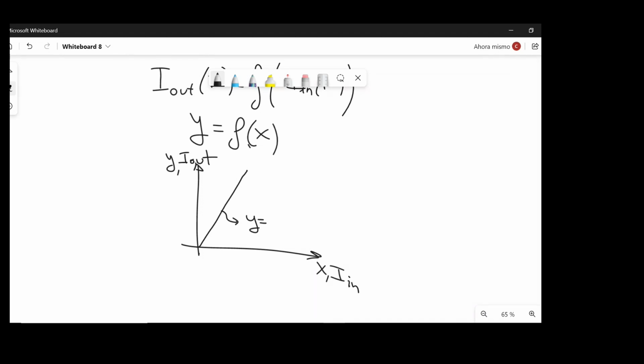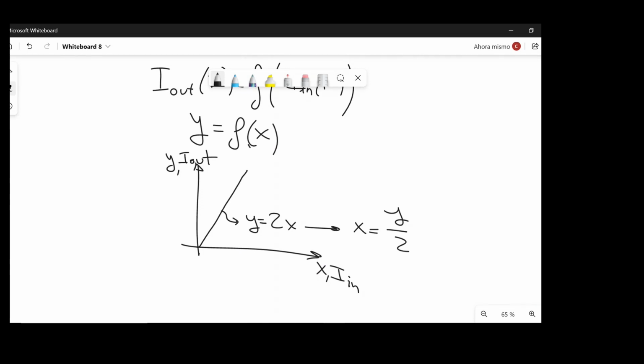Let's say that y is equal to 2x. So given x, I can compute y. Given y, can I compute x? You simply have to invert this. So x is equal to y over 2. So given y, you can compute x.